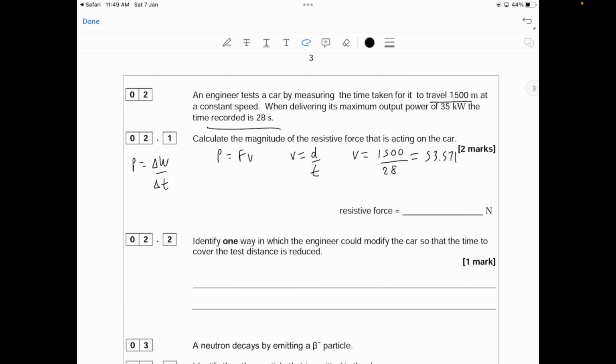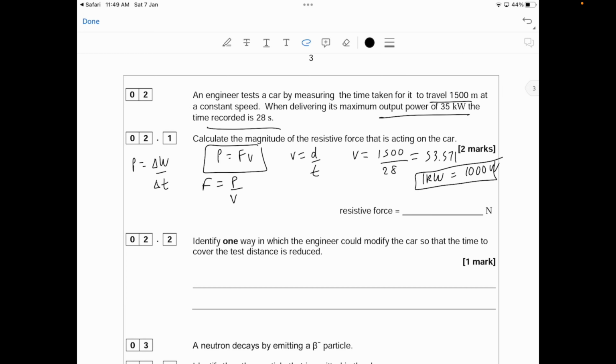Now we can find force from this equation by rearranging to make force the subject of the formula. So force is equivalent to the power divided by the velocity. We know that the output power is 35 kilowatts. The first step is to convert the kilowatts into watts, and we know that 1 kilowatt is equivalent to 1,000 watts.